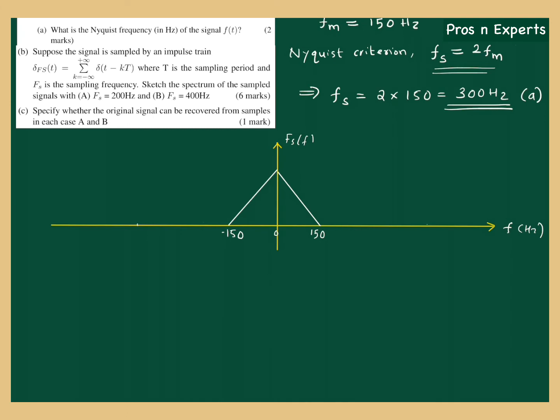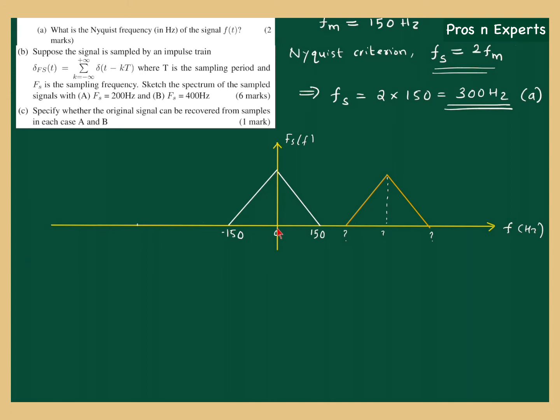Okay, so what will be the spectrum at the next sampling frequency? There will be another replica of the message spectrum, like this. Now my question is, what will be the frequency values at these points?